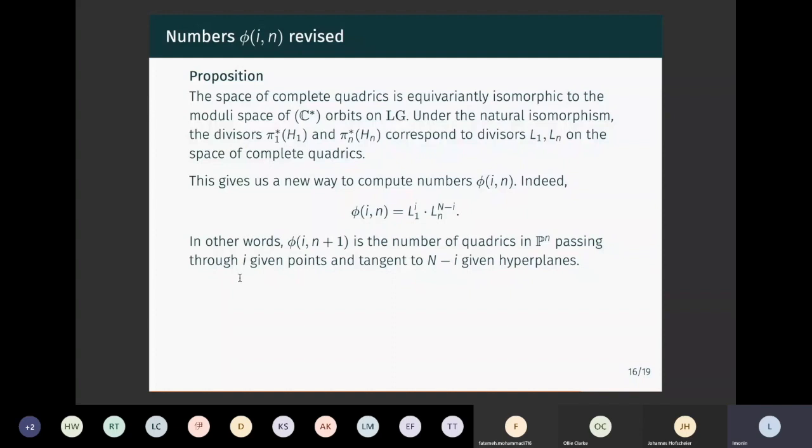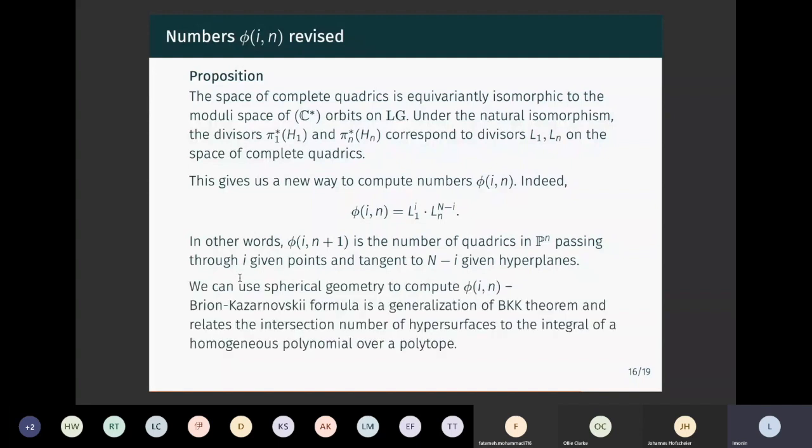So far we just did some reformulation, but what's the actual answer? Well, one way to answer this question is using spherical geometry.